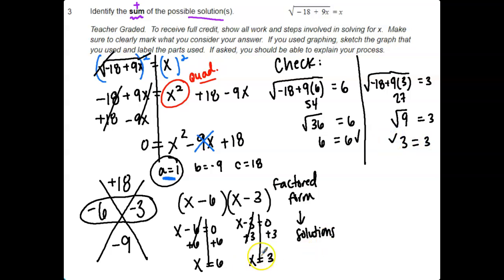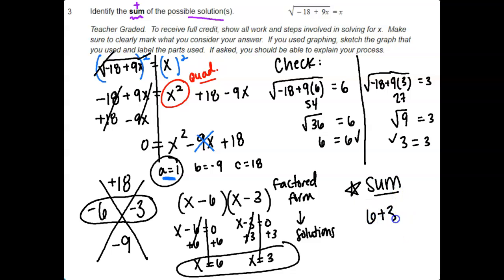That works. So if these are both good solutions, I need to make sure I answer my question. So I'm going to find the sum of them. And that last step there, that is what a lot of us missed. So 6 plus 3 is equal to 9, and 9 is our final answer.